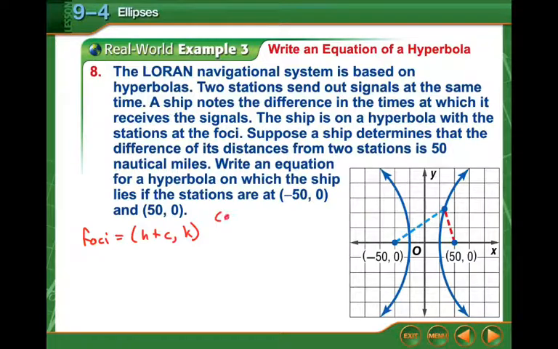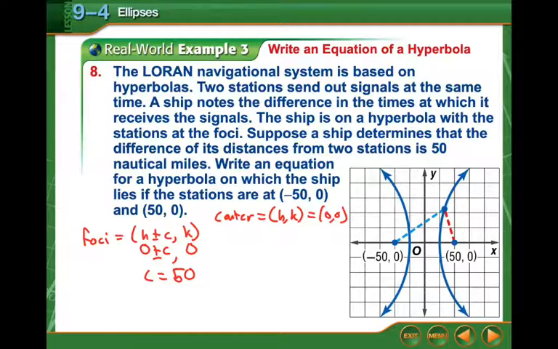So center h, k is 0, 0. So our c is 50. This is 0, 0 plus c. So c equals 50. It's really plus or minus c too. So now we know what our c is.